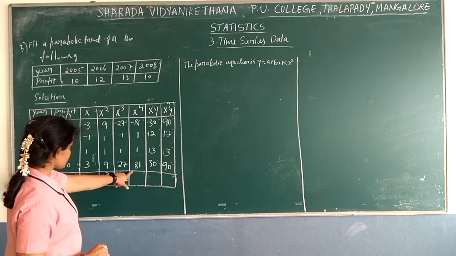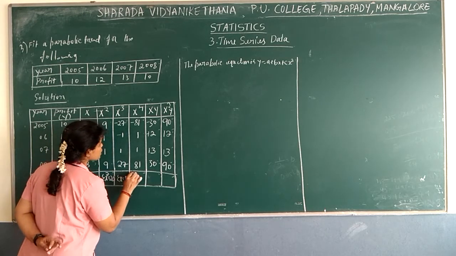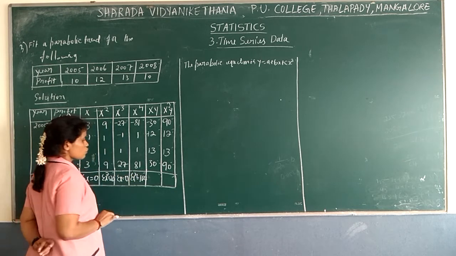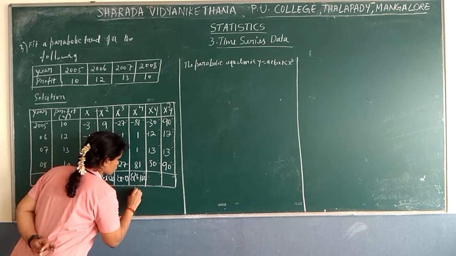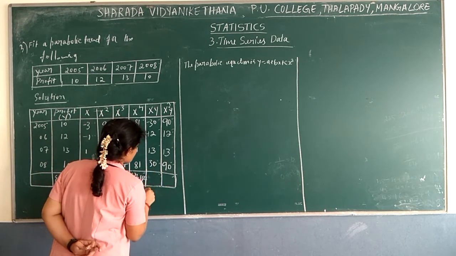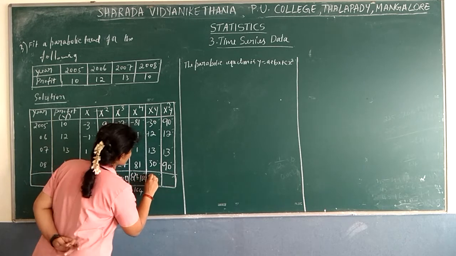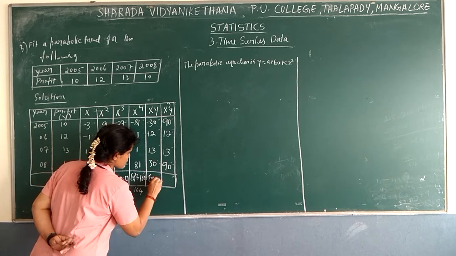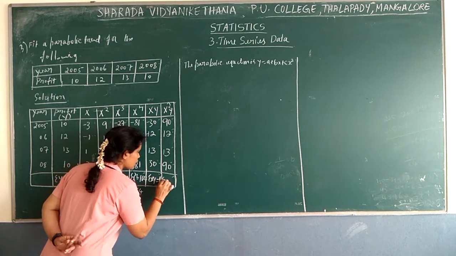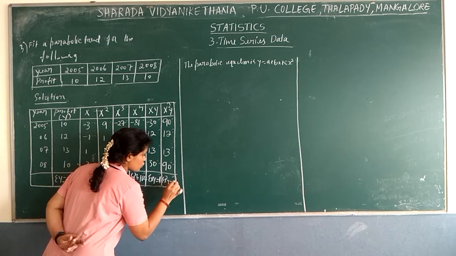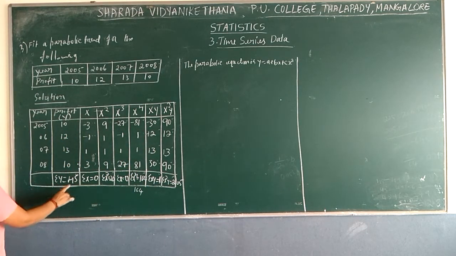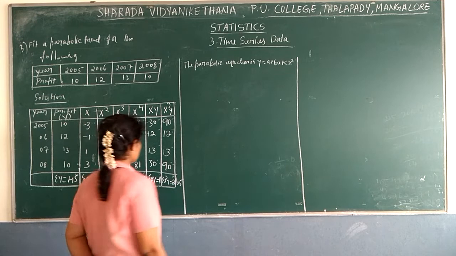Sigma x to the power 4 is 164. Sigma xy is equal to 1. And the last column, sigma x square y, is equal to 205. So here we have 20, 45, 164.